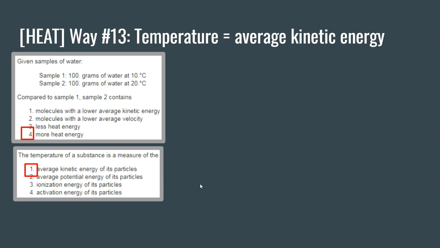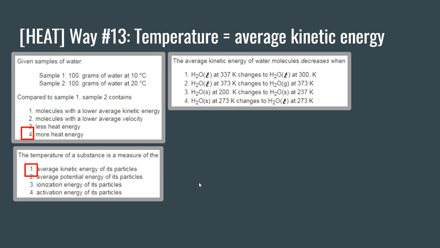Let's try another problem. The average kinetic energy of water molecules decreases when... Please note that for these answer choices, it gives you water as the substance, and it also specifies the phase that water is in. L means liquid, S means solid, and G means gas.